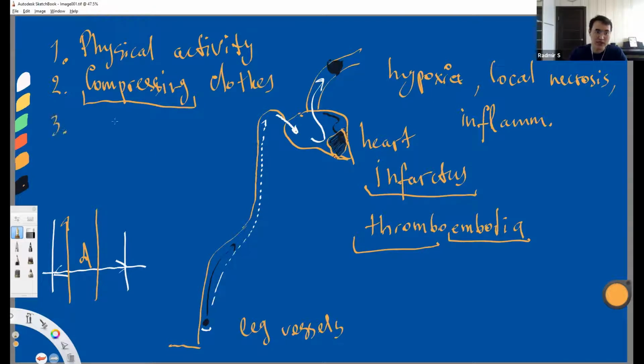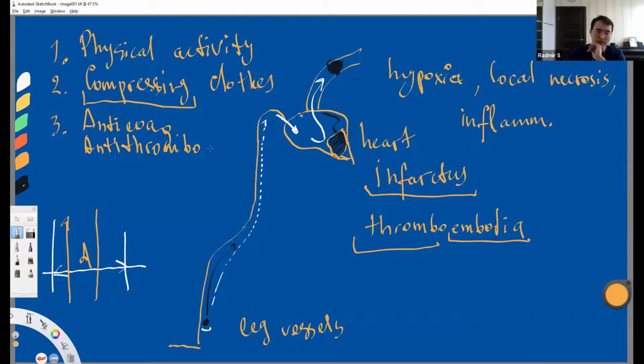We can also give the anticoagulation factors to prevent this activation of the clotting, or we can give, I don't remember the exact name of the drugs, but it is against the activation of thrombocytes. So it's not the anti-thrombolysis, it just prevents the thrombosis itself, okay?